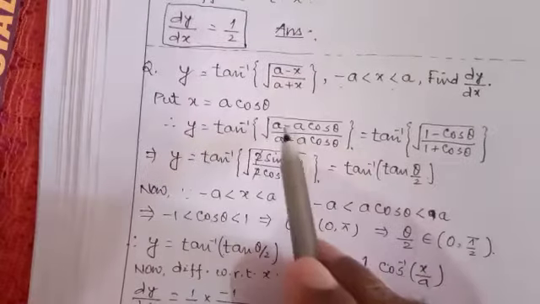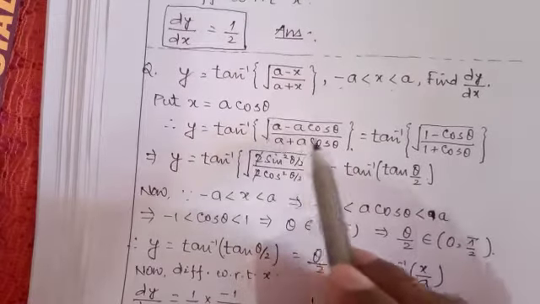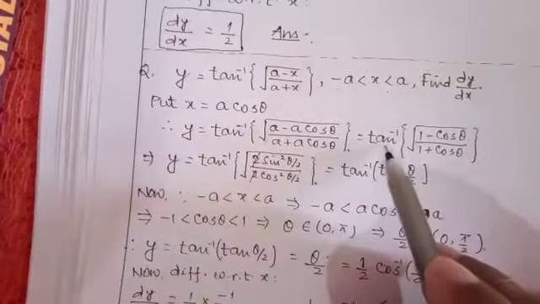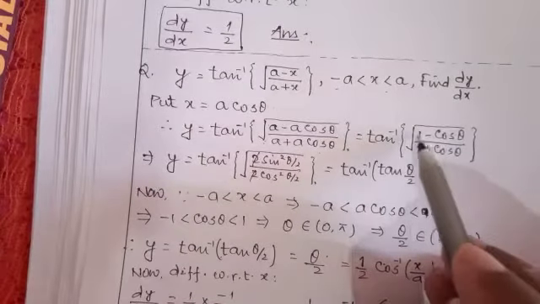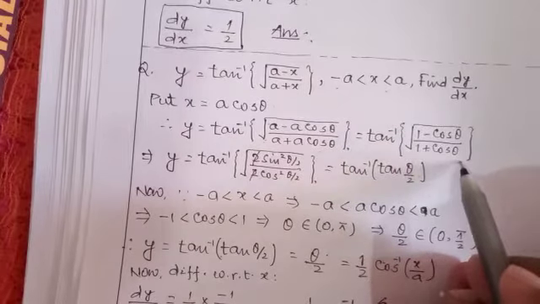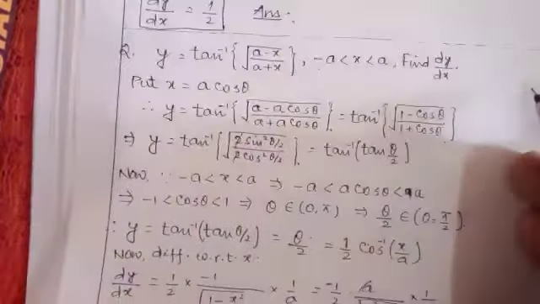How much is left? 1 minus cos theta divided by 1 plus cos theta. So y should now equal tan inverse of under root 1 minus cos theta divided by 1 plus cos theta. You already know the formula of cos 2 theta.